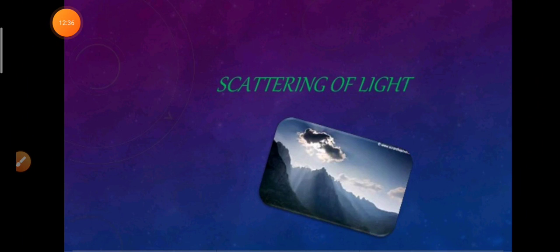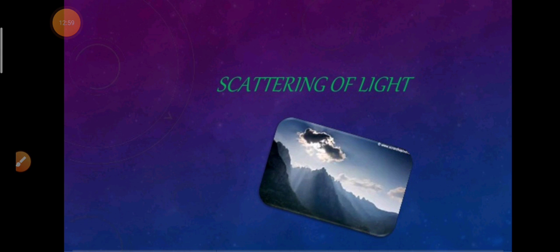Now the question is why the sky is black in the absence of atmosphere. It's very simple. I explained that the color of the sky is blue because of scattering. If there is no atmosphere, then there will be no scattering.